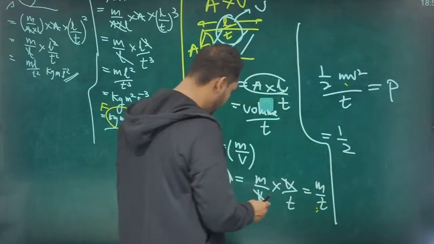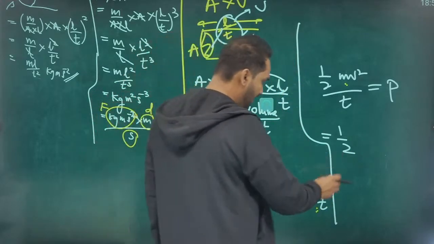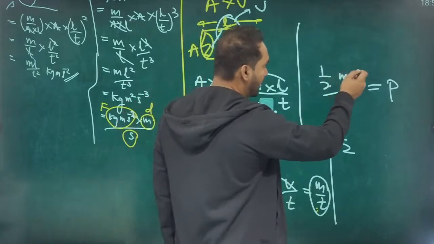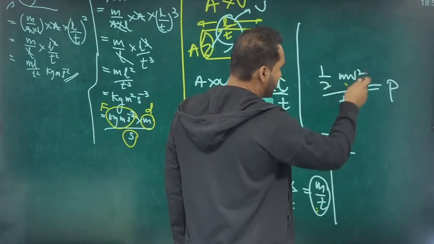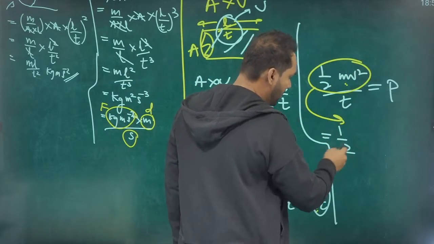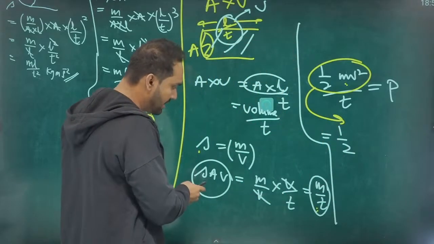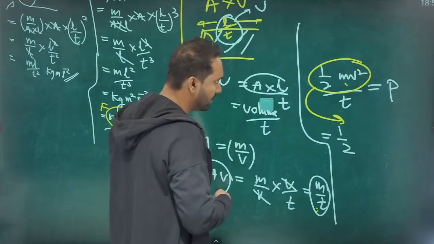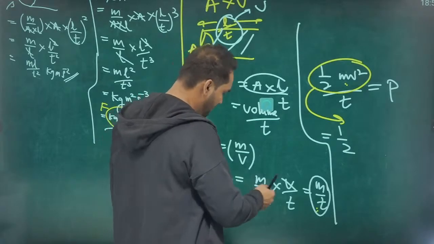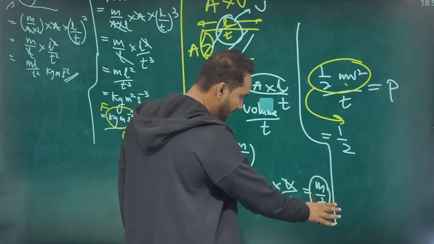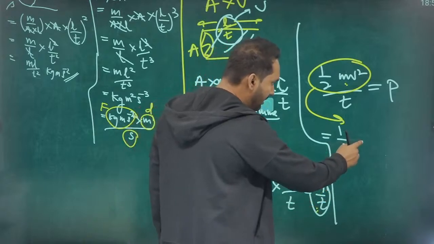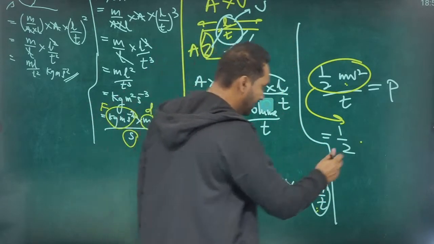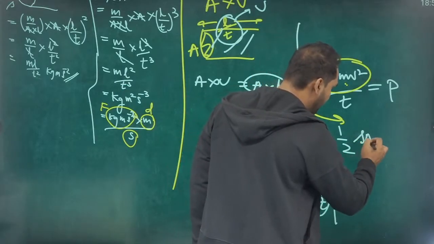Instead of m, now we can take rho A V, because rho A V is m over t. Hope you understand that. So forget about t. We need m for the half mv square. Now m, I will take it as rho A V.